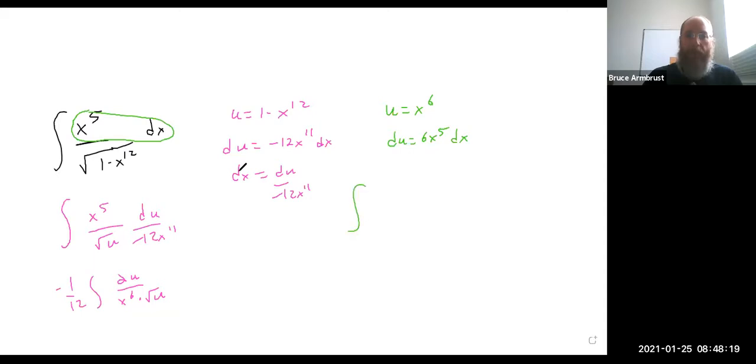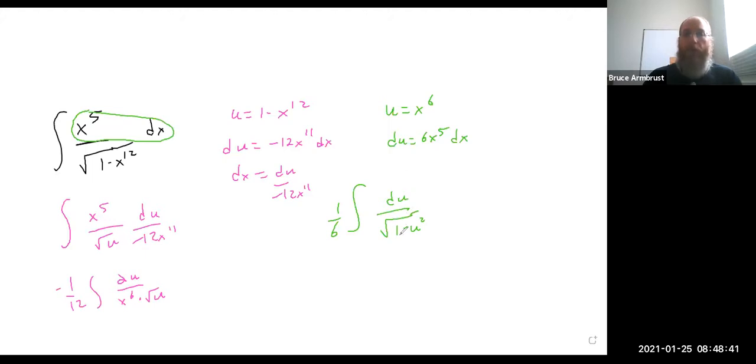So if we change this one using u equals x to the 6th, we're going to get 1/6 du over the square root of 1 minus u squared, because x to the 12th is x to the 6th squared.